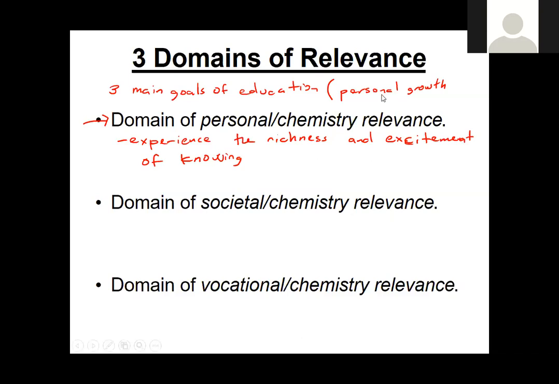Okay. Now, what's the other main goal of education? Socialization. Get people to behave in ways that they usually don't behave. Okay.